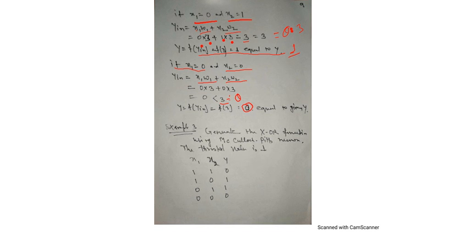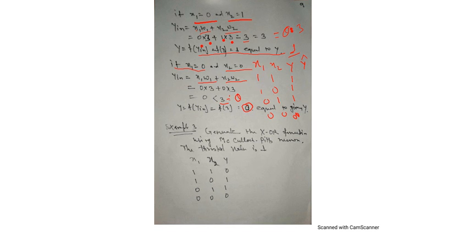Now see what happens. Now match the output for x1, x2 and y. In the OR gate, if it is 1, 1, what is the output? 1. If it is 1, 0, it is 1. If it is 0, 1, it is 1. And if it is 0, 0, then 0. So here this is the actual and this is the predicted one, after the calculation.